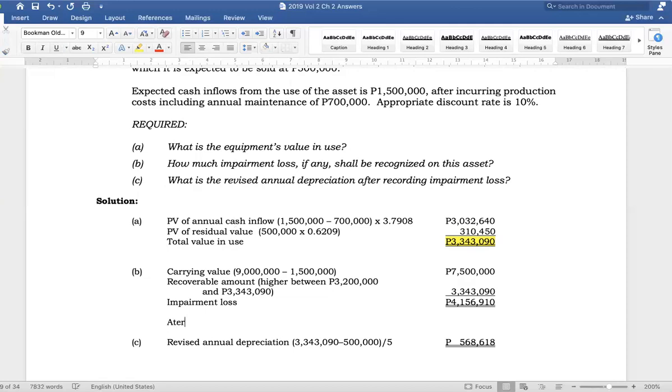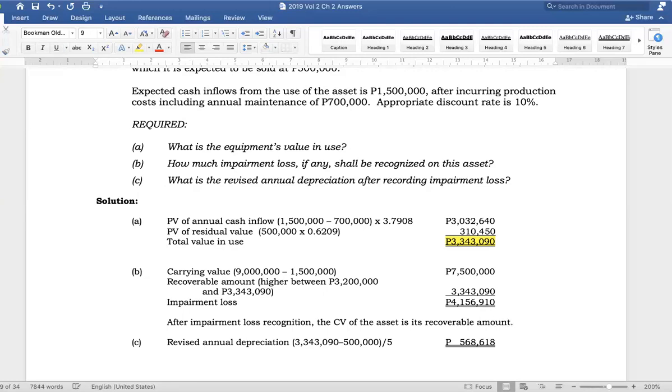Again, your principle is that after impairment loss recognition, the carrying value of the asset is its recoverable amount.